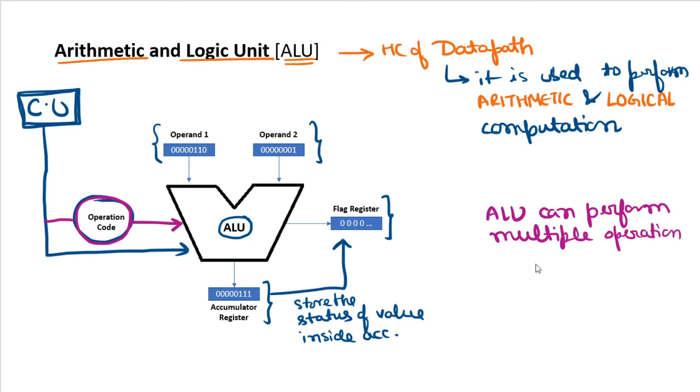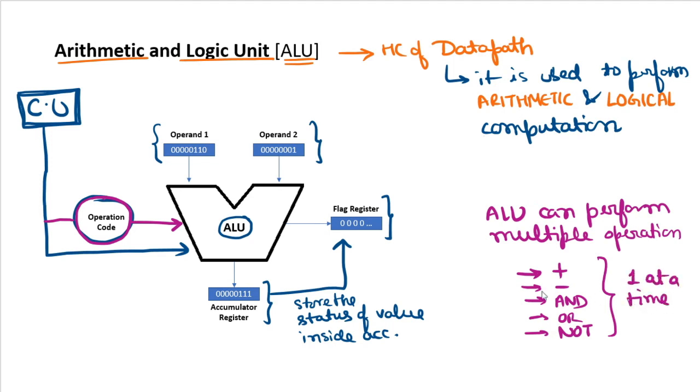It can perform addition, subtraction, and, or, not, and so on, but only any one of them at a time. Which operation to perform will be told by the control unit here. The control unit will say, perform addition.